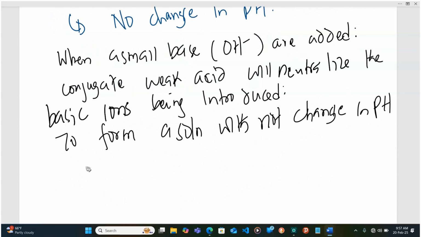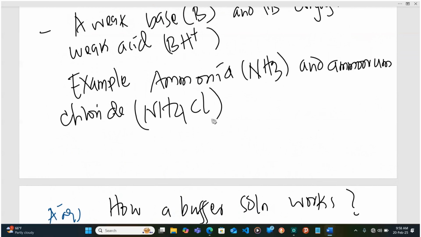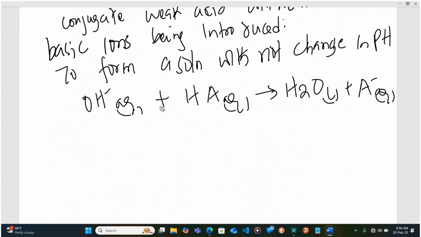You'll find that the OH- ions are attacked by the conjugate weak acid to form water and the A- ions, which we said are the conjugate weak base. So at the end of the day, the solution's pH is not going to change. It's going to remain within the required limits.